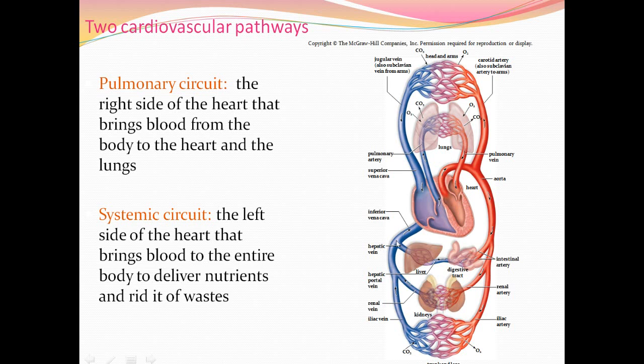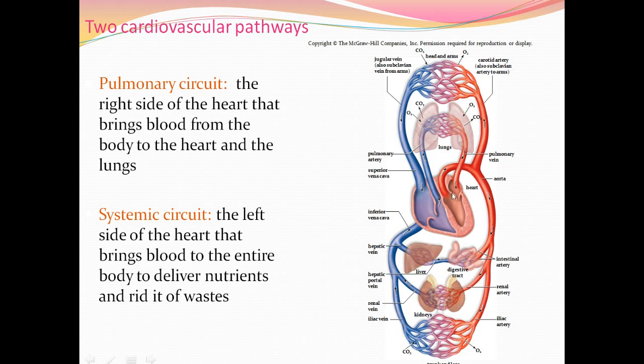So the deoxygenated blood comes back to the heart, goes to the lungs, picks up oxygen, and comes back to the left side of the heart. So it's really just going to the lungs.